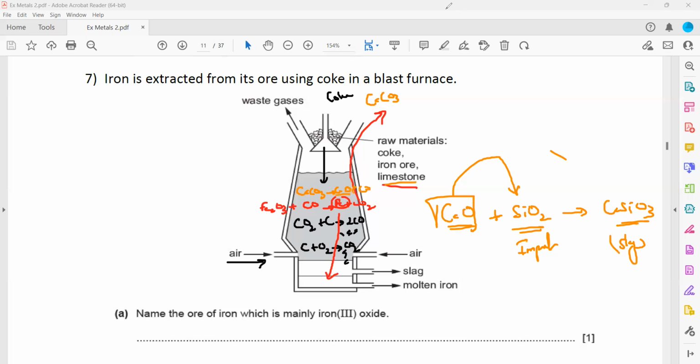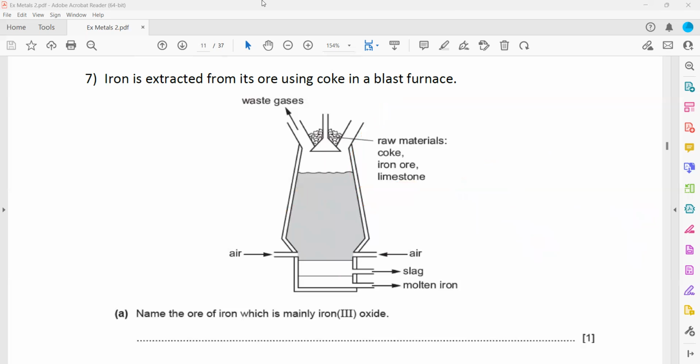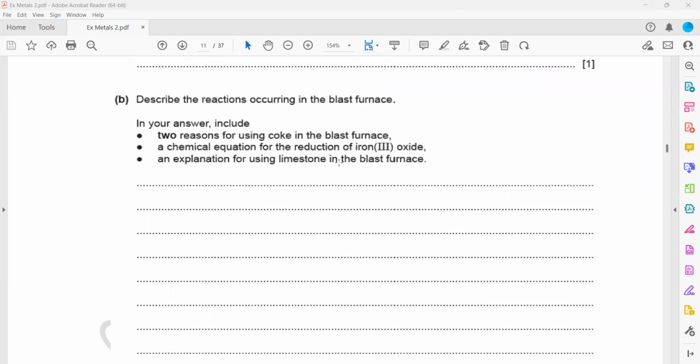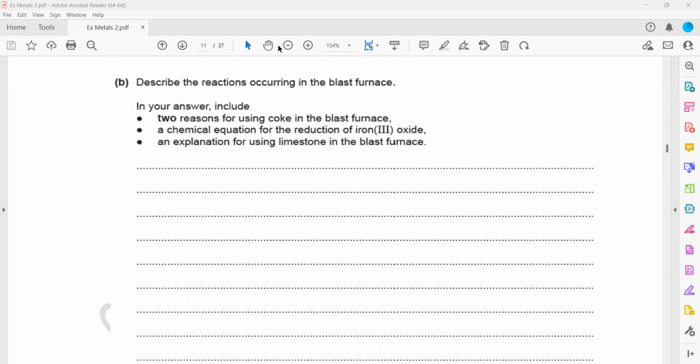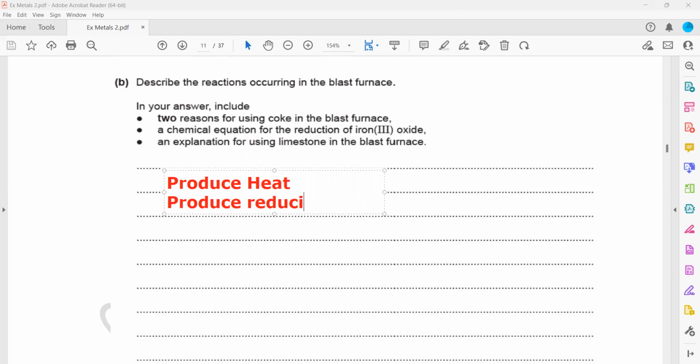So they asked us to write the reaction in steps, and two reasons why coke is used in a blast furnace. Produce heat, that is one. And the second is to produce a reducing agent, which is carbon monoxide.